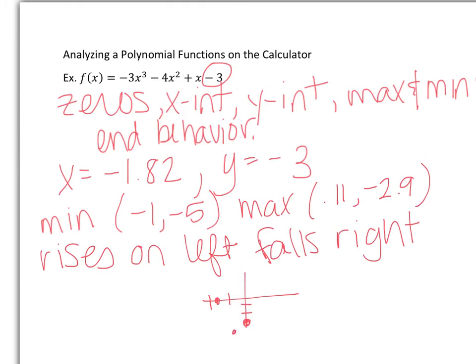A maximum at almost 0 and a little above negative 3. And I know that it's got to rise on the left, fall on the right. So the whole point of analyzing is to be able to give enough information that someone could sketch this polynomial.